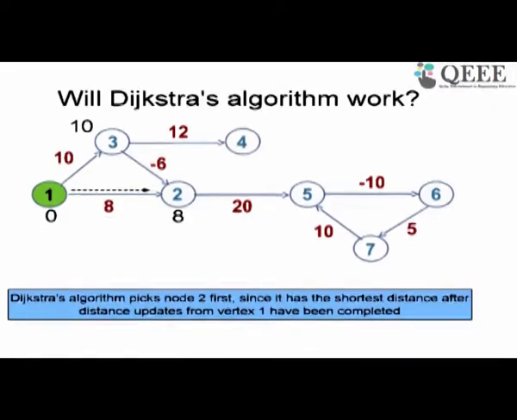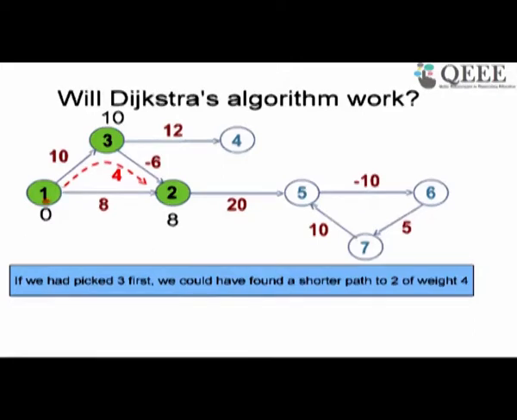But in this graph we can see very clearly that there is a shorter path to 2 via 3. I could have gone 1 to 3 to 2 because of this negative edge here. 1 to 3 will be of weight 10, but when I do 3 to 2 it has minus 6, so 10 minus 6 is 4. So there is a shorter path of cost 4 going via 3 from 1 to 2.